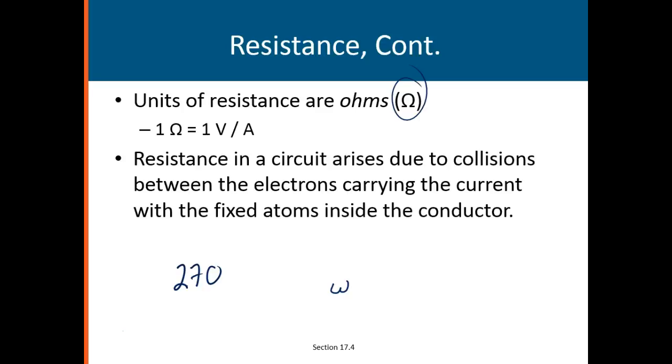It's not the tendency to retard the motion of the current, like resistance, which resists the current flow, but the inverse of that: the conductance of that material. Conductance is equal to 1 over resistance. It's a reciprocal quantity to resistance.